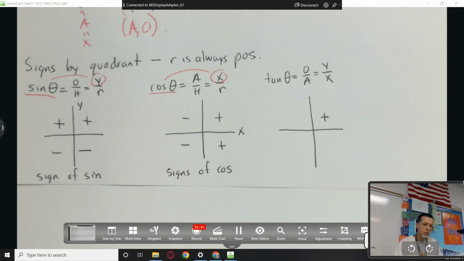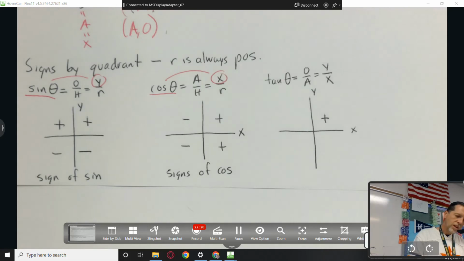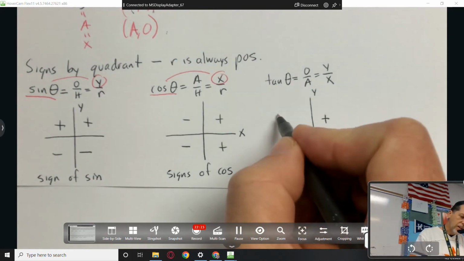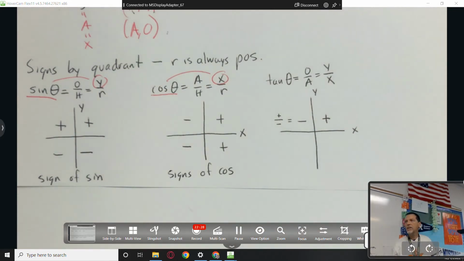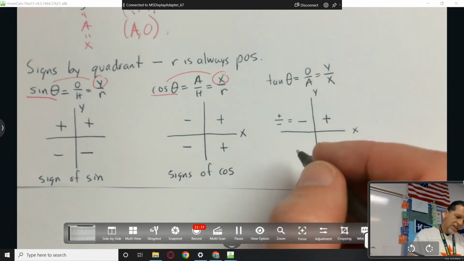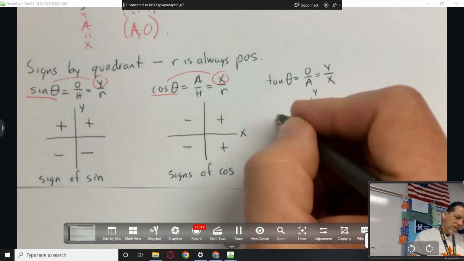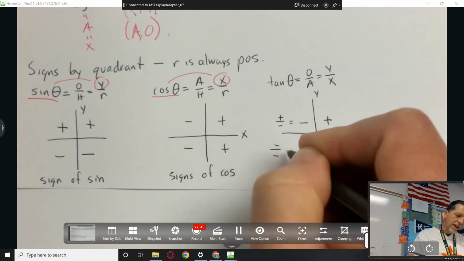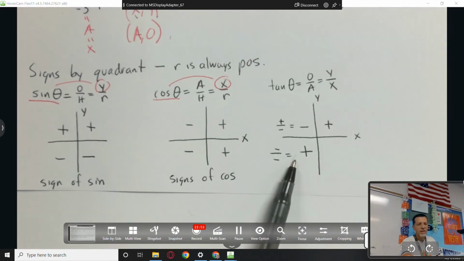In quadrant 2, let's see, y over x is positive over negative, so that equals a negative. Quadrant 3, what's going on in quadrant 3? It's a negative divided by a negative, which is a positive. So tangent's a little bit weird. It's one of those two negatives make a positive things.